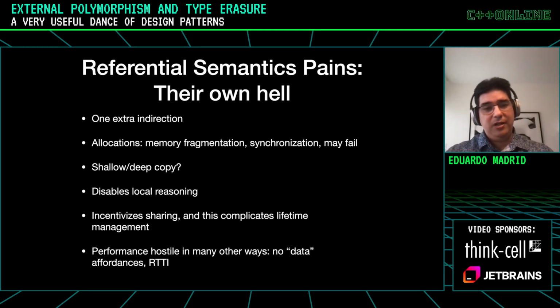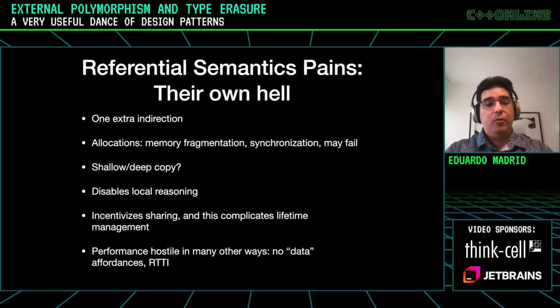But that indirection is quite nasty, because it forces you to use allocations. And the problems of allocations are nasty themselves in terms of memory fragmentation and crashing performance because of synchronization when you have multiple threads. The mere fact that allocations might fail for quite a long variety of reasons, and then you're going to be forced to deal with a code base that fails more often.